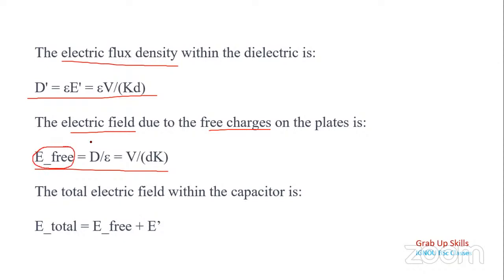Now we have to calculate the total electric field. The formula is E total is equal to E free plus E dash. This is a very important formula we need to remember.